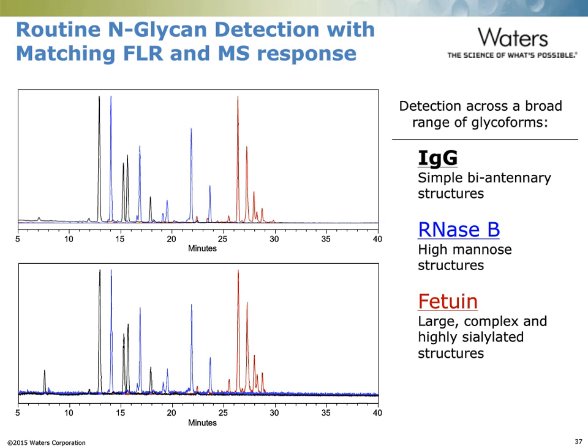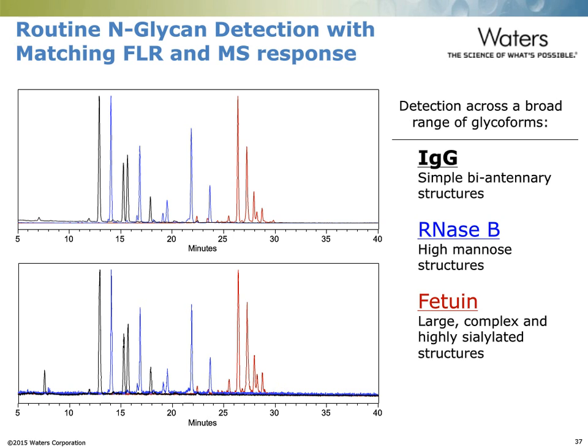Released structures from RNase B represent some of those high mannose structures, which Steve had referred to earlier, as potentially being a stability or process-indicating type of structure that a lot of times can show up in IgG profiles. And lastly, released glycans from bovine fetuin, which represent more of the complex, highly extended, highly sialylated structures.